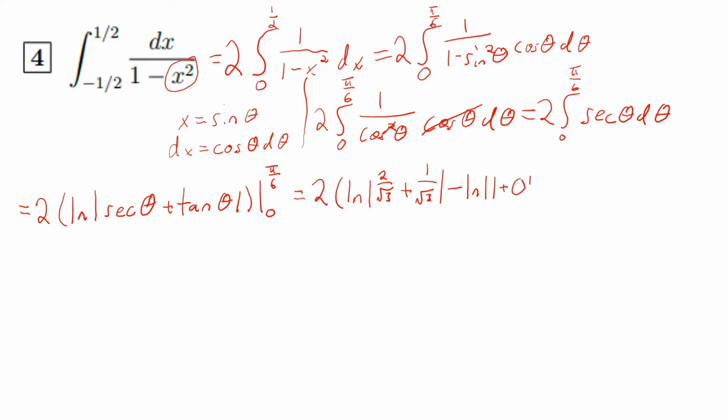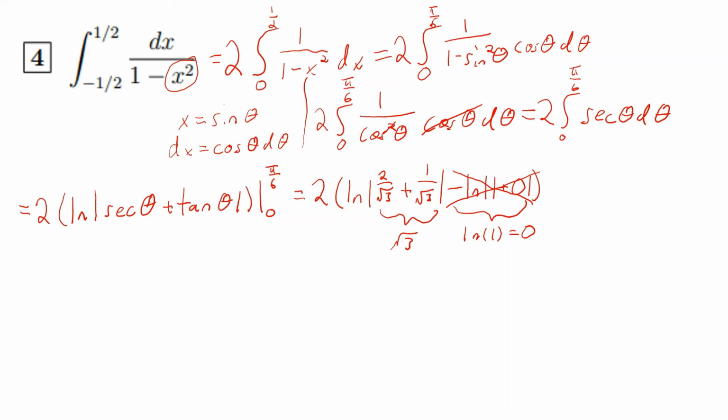So first, what I want to notice is that this is all equal to ln of 1, which is equal to 0, so we can just cross that part out. The next thing is that what is inside this ln simplifies to root 3.